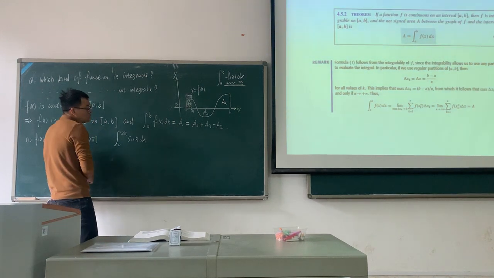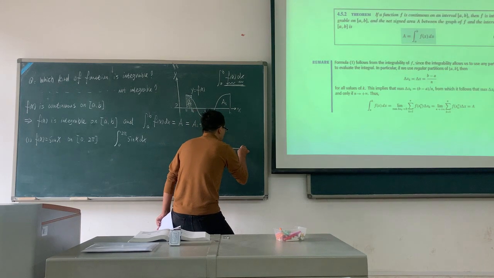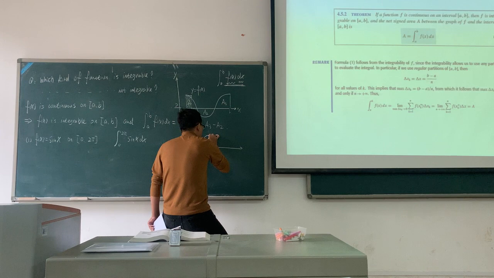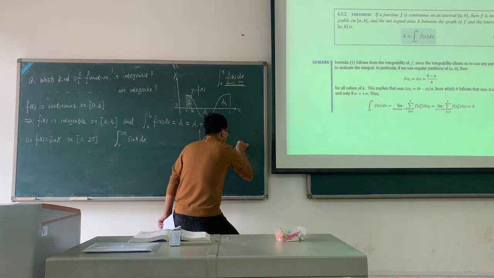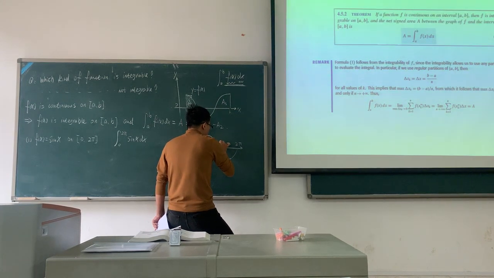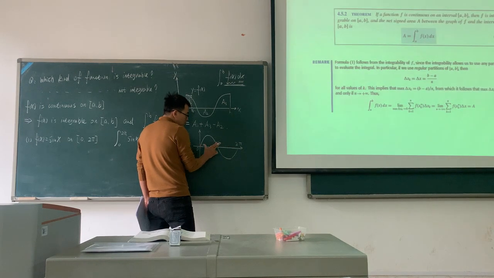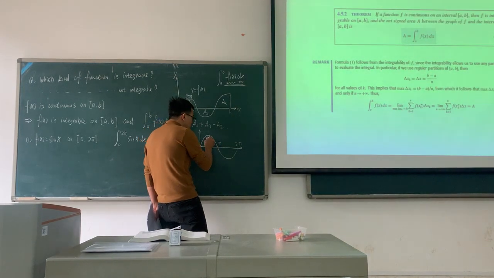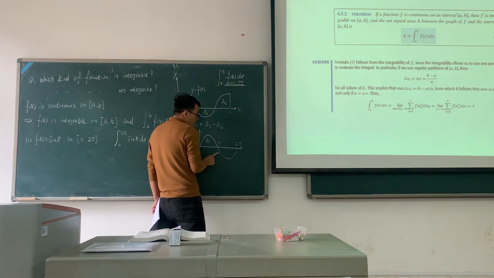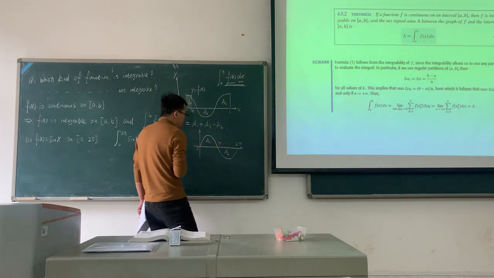What does this integral equal? We can plot the graph of sin x. The graph of sin x is like this. Here is 0, here is pi, here is 2 pi. We denote the area above the axis from 0 to pi by A1, and the area below the axis from pi to 2 pi by A2.